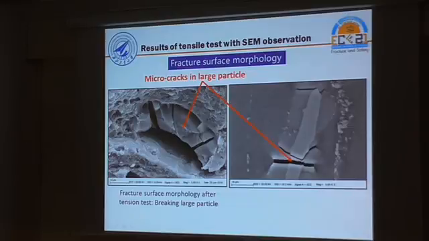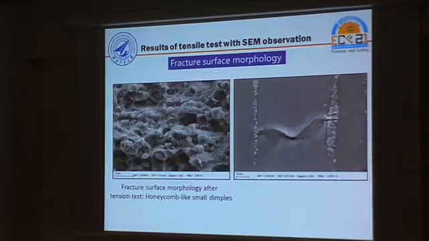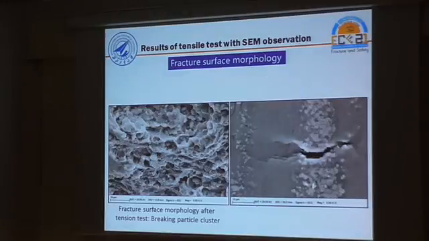The microcracks in large particles correspond to the breaking of large particles. The necking and the local necking band correspond to the honeycomb-like small dimples. And the microcracks in particle clusters correspond to breaking particle clusters.